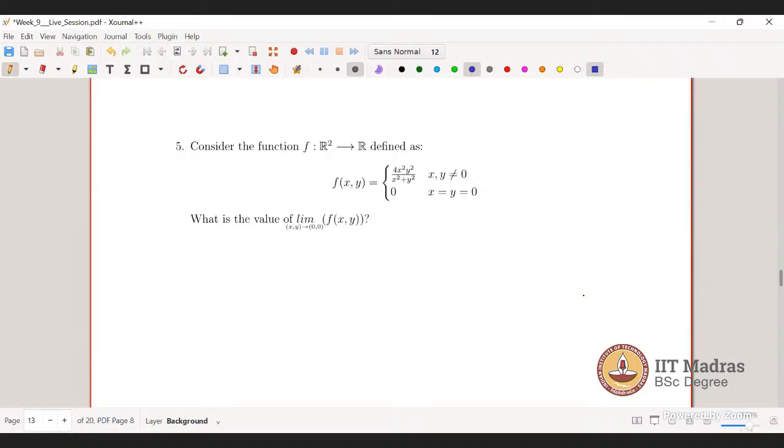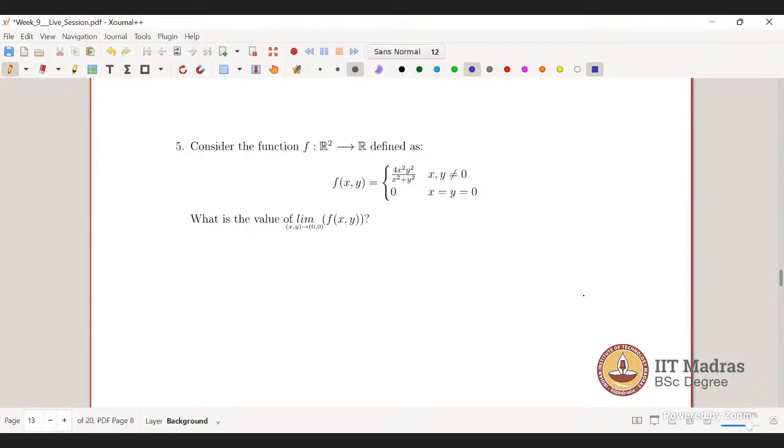So the next thing: how, in most of the cases, can you say that the limit actually exists? It's not true in general, but I guess it's true for most of the cases.